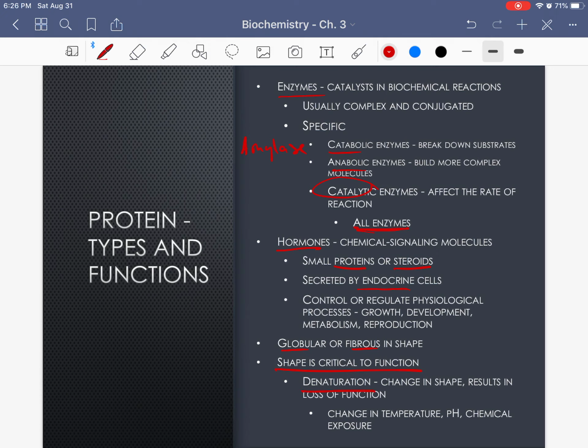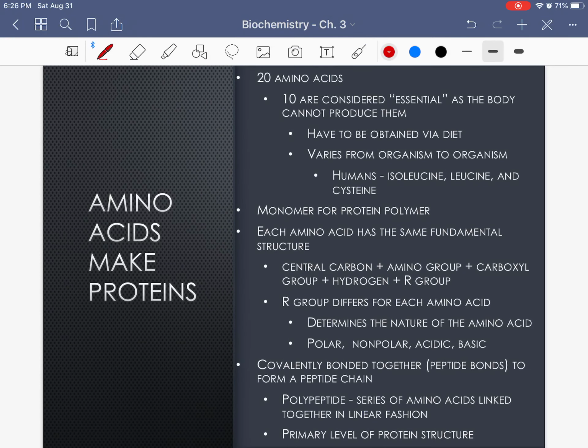Denaturation is when that protein loses its shape and loses its function. Now, what causes denaturation? Changes in temperature, too hot or too cold, pH, too acidic or too basic, or chemical exposure. Certain chemicals can cause changes in protein shape.